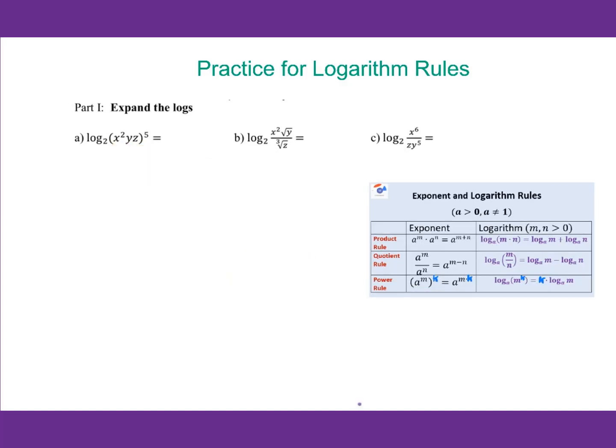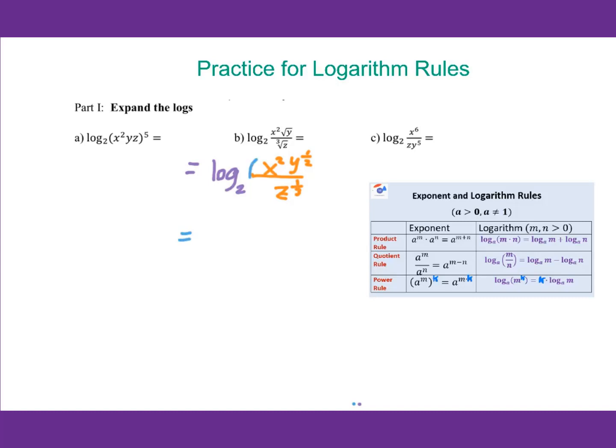Now let's go to number B. First of all, you have to change the argument into exponential form. Therefore, you got x squared, y to the 1/2 power, z to the 1/3 power.